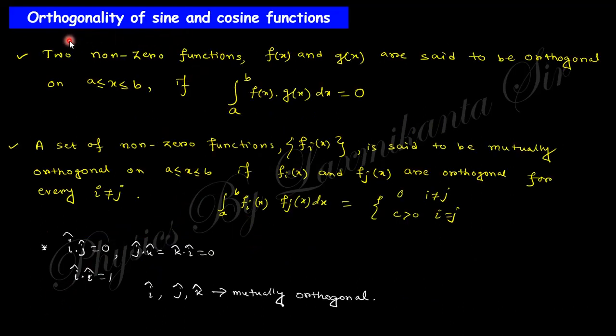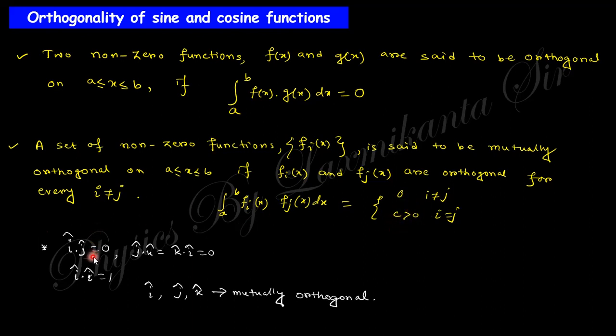The next thing to know is the orthogonality of sine and cosine functions. You know what we mean by orthogonality? That means the integral of their product will be 0, and they will be mutually orthogonal. When the variables are not equal this will be 0, and when they are equal this will be some constant.